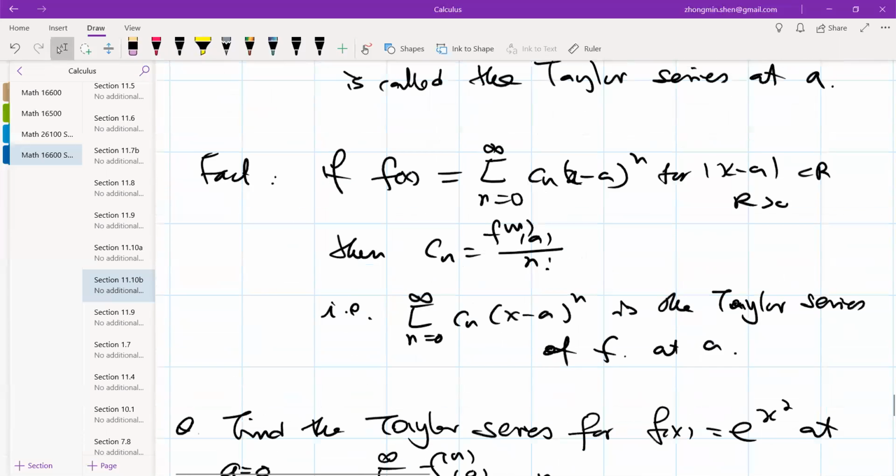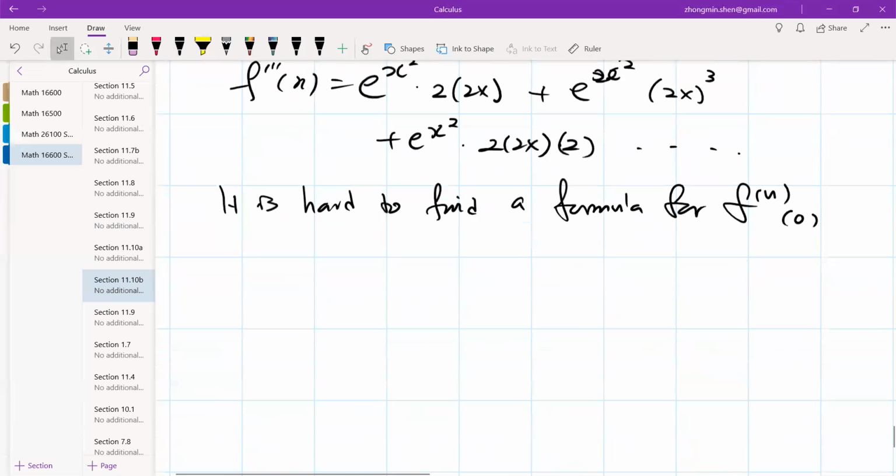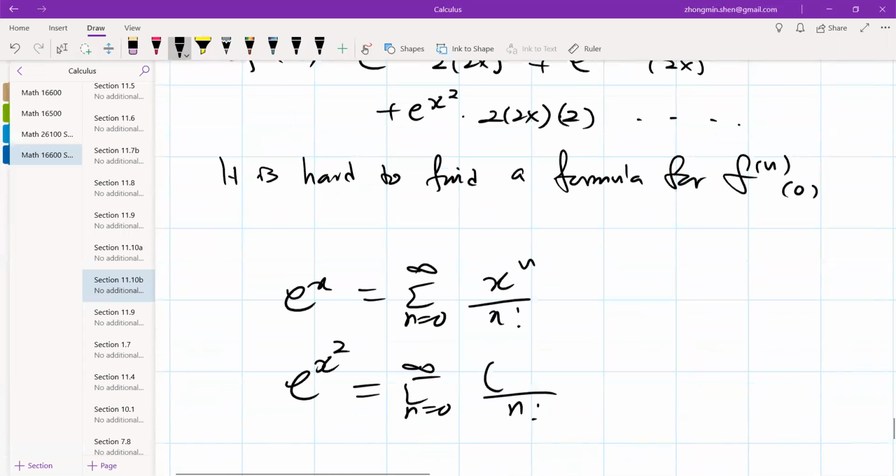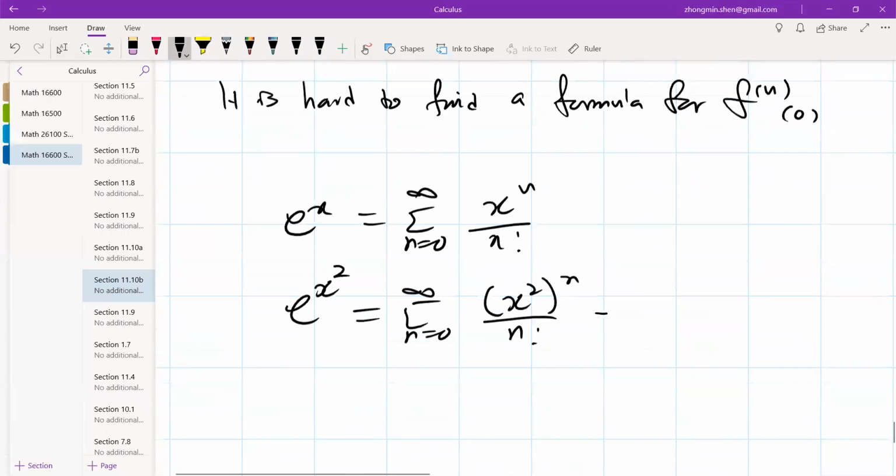So e to the x, I know e to the x is the sum of x to the power n over n factorial. So e to the x squared is very simple: just replace x by x squared. That's it. So this is the Taylor series.